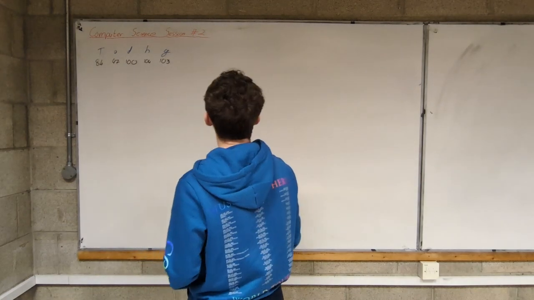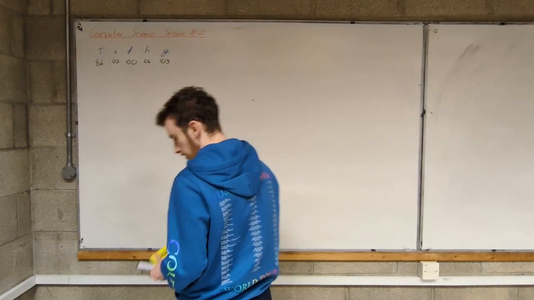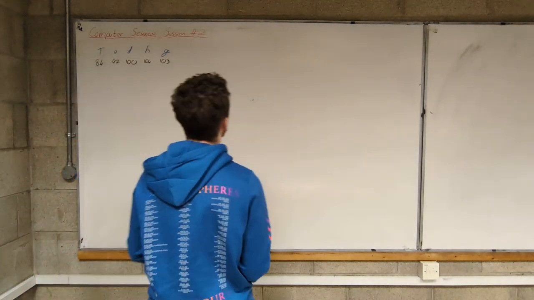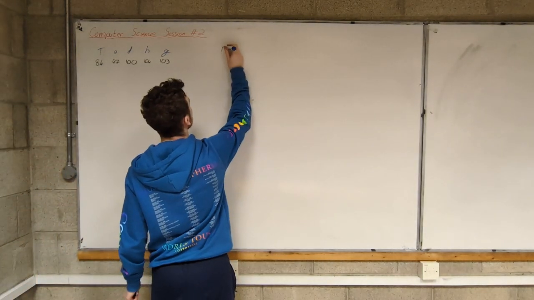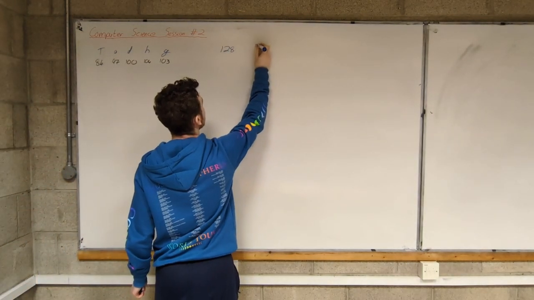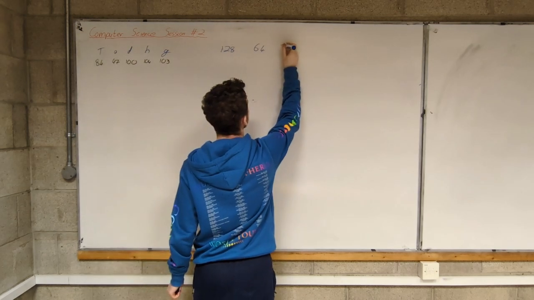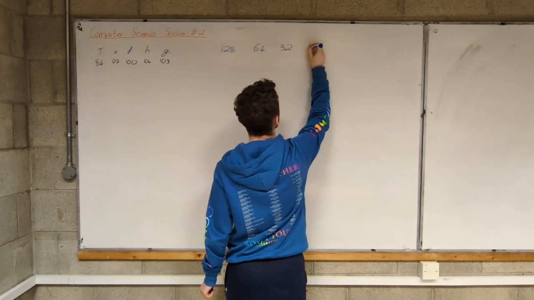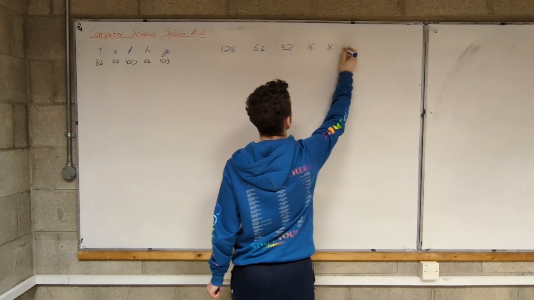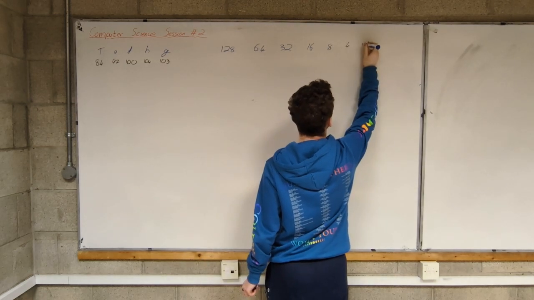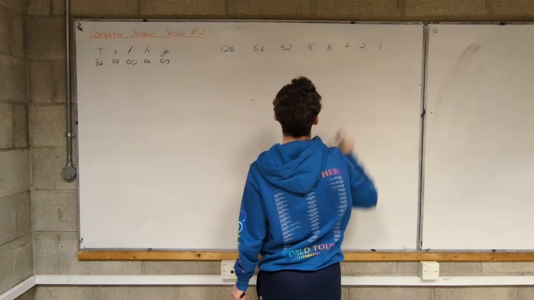What I might do for this, the handy thing, is probably to do a table. So if I do that, 128, 64, 32, 16, 8, 4, 2, and 1.